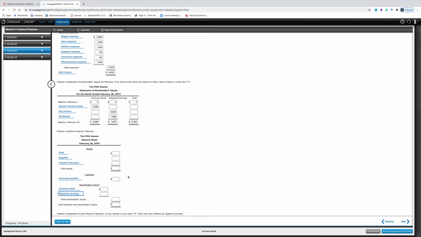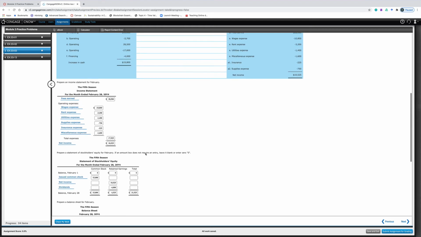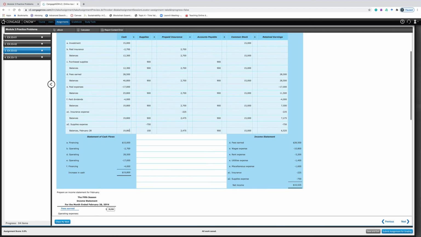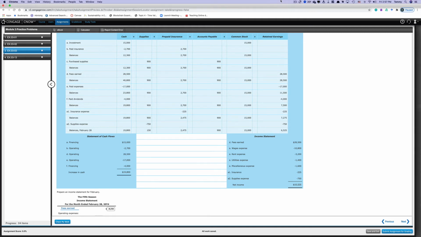So then we can just go up to the bottom of these columns here and take our month-end balances for all of these. So again, in the interest of time, I'm going to pause this recording for a sec while I do that data entry.